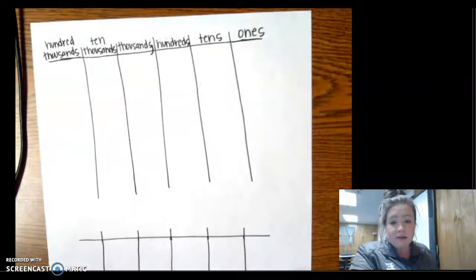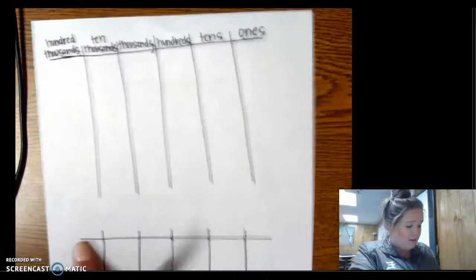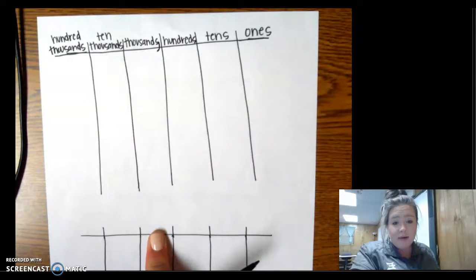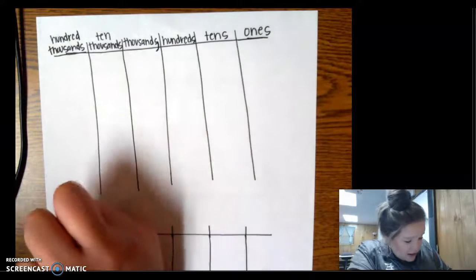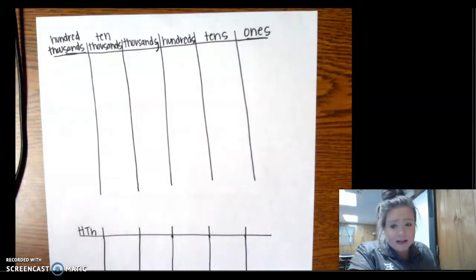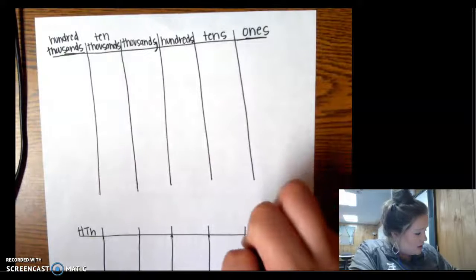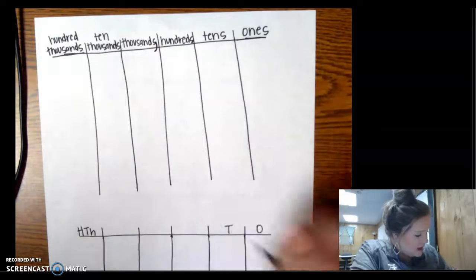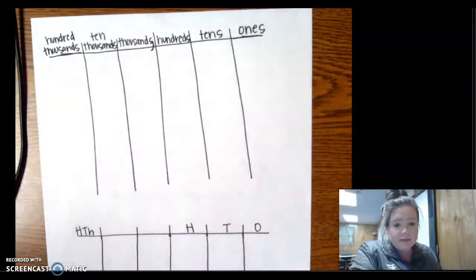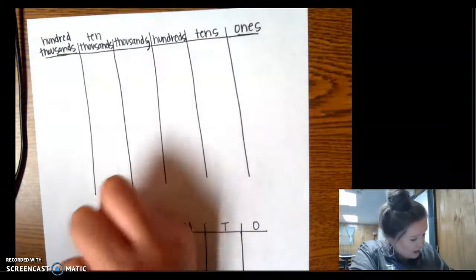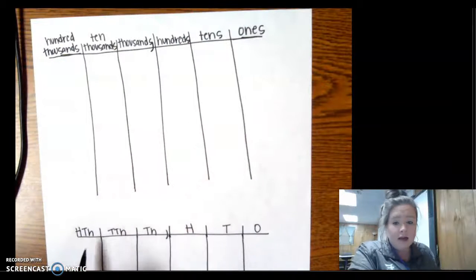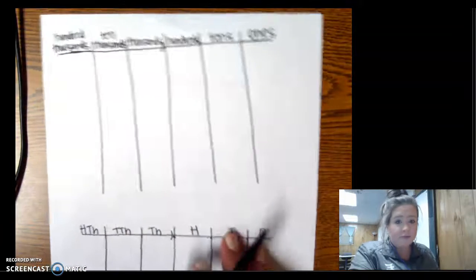Now, sometimes you can abbreviate, or you'll see me abbreviate the place value chart, or you can do this when you're creating your own. For abbreviations, I just do 100,000s, and I should have started over here, sorry. Ones, tens, hundreds, thousands, 10,000s, and then 100,000s, okay?